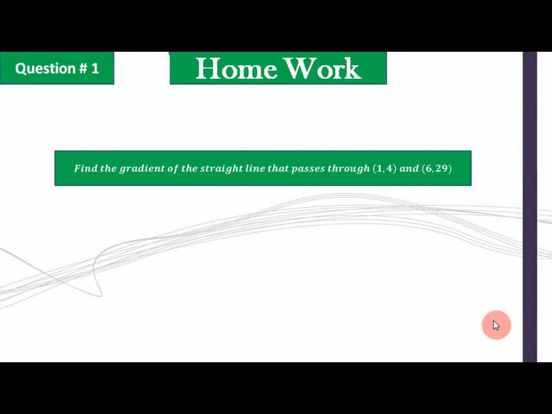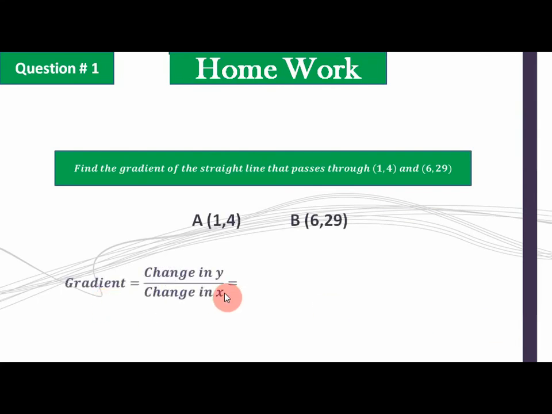Question number 1. I am solving the gradient of the line for you. Now you have to solve the y-intercept and write the equation only. Question number 1 is A is 1 and 4 and B is 6 and 29, so y2 minus y1 over x2 minus x1. We just put the values of these unknowns.